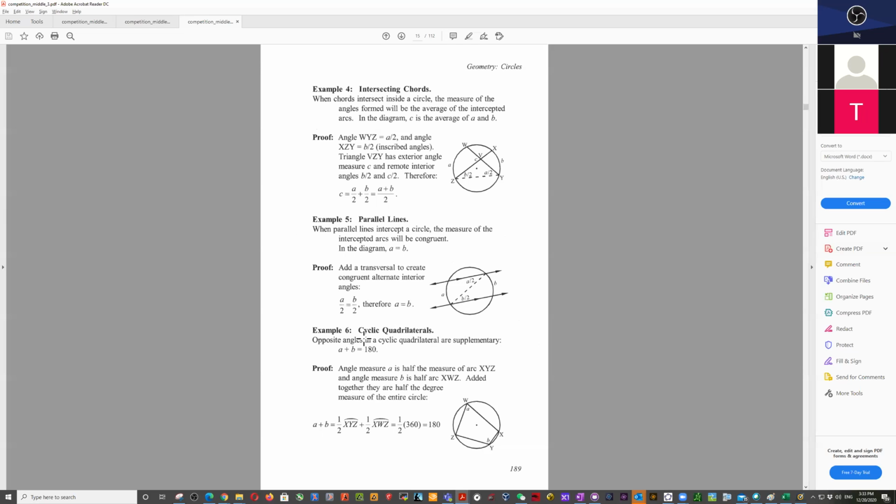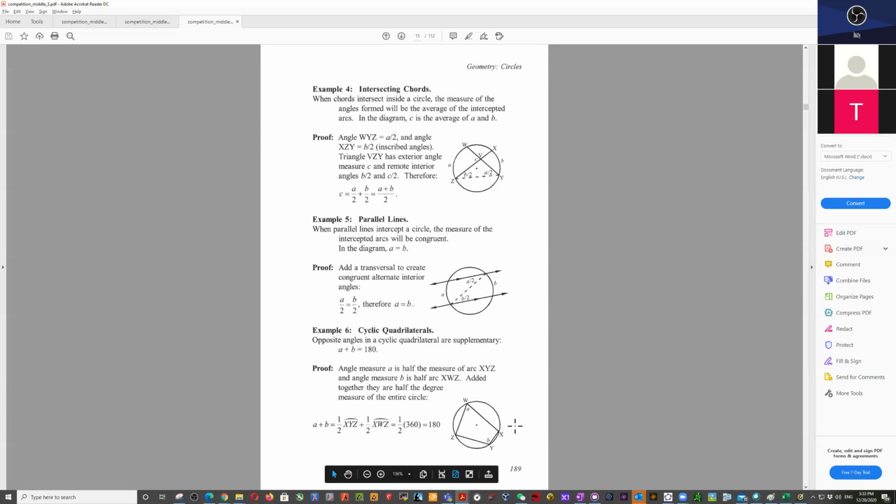Then this one is the cyclic quadrilateral. A cyclic quadrilateral just means a quadrilateral with all vertices located on the circumference of the circle.